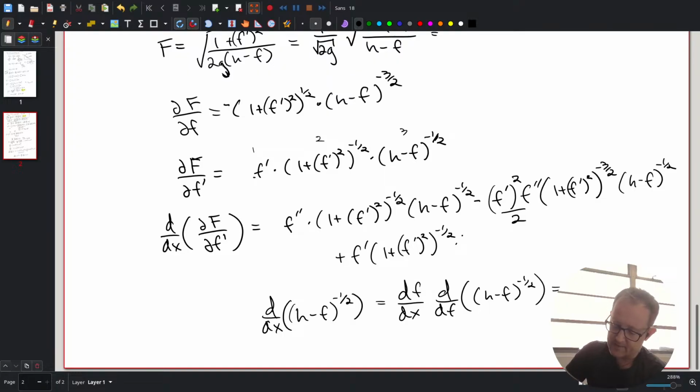So I should have another f prime, so it'll turn this into an f prime squared. And now I take that d/df up here, so I should have a negative sign out front now. And then the last part is h minus f to the negative 3 over 2.